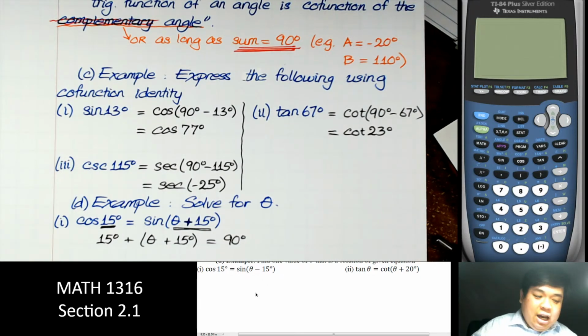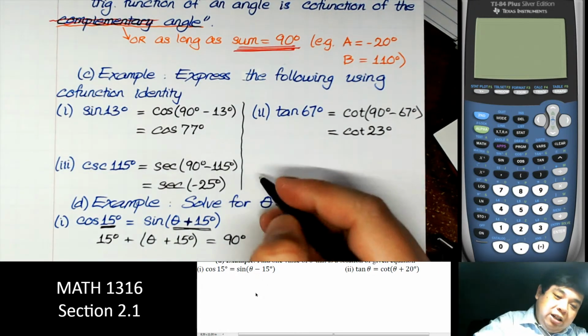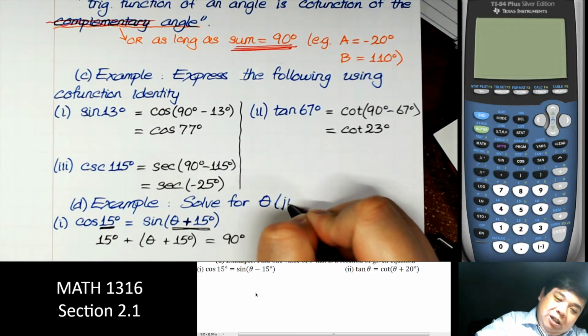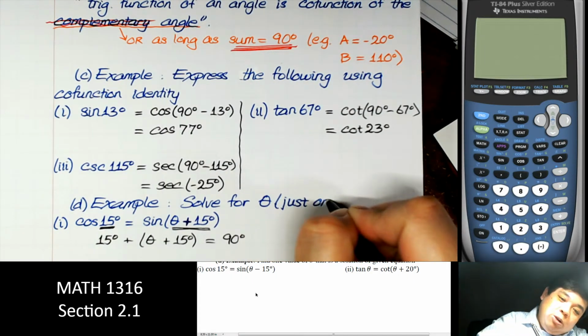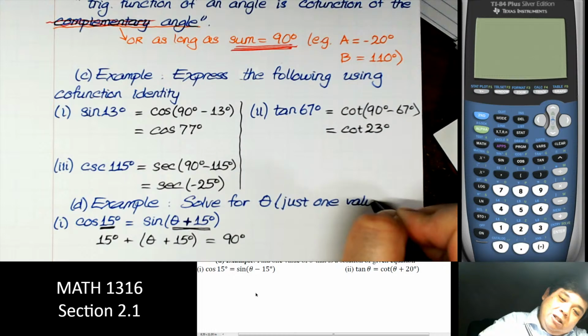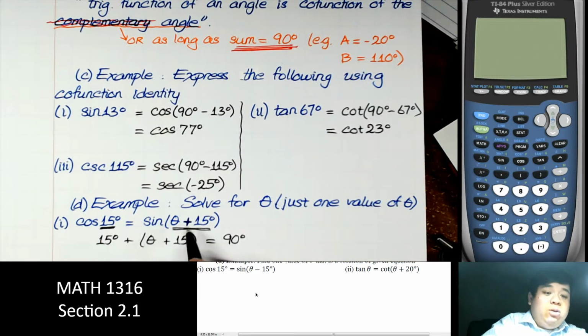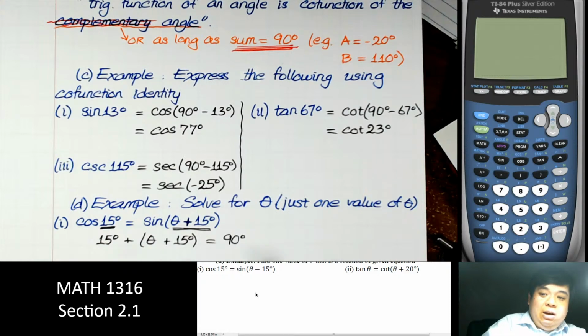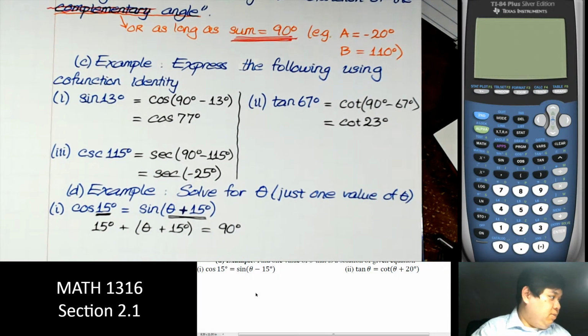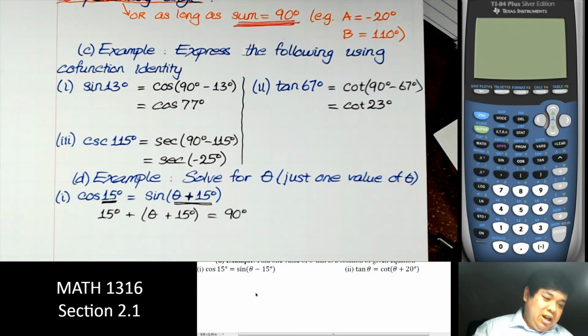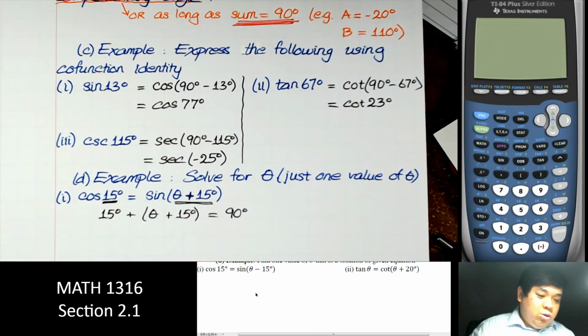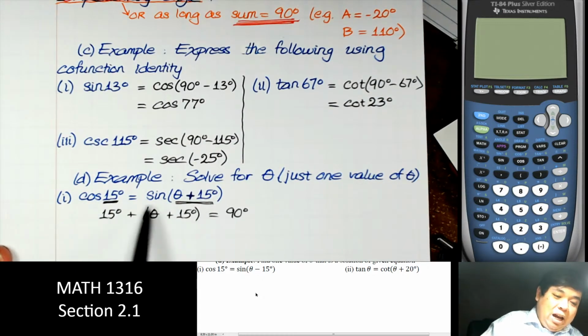In that case, we should say solve for one value of theta. There will be a lot more angles, a lot more values given by coterminal angles, but this is just one value for theta. This is easy to solve as long as the angles add up to 90 degrees.